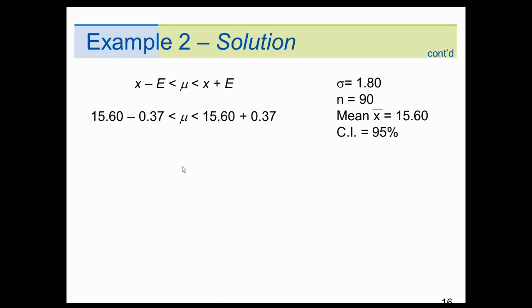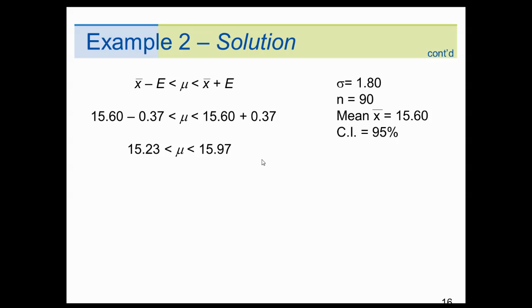The mean of the sample of those 90 times was 15.60. I've calculated the error to be 0.37. So on the low end, I'm going to subtract it, and on the high end, I'm going to add it. This is something I've been given. This is what I calculated, the error. So I come up with between 15.23 and 15.97.